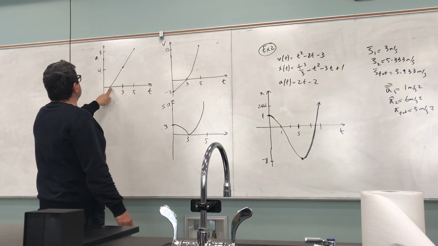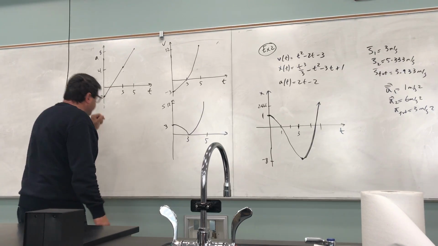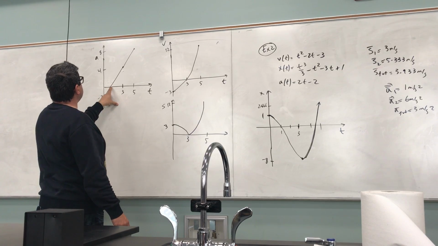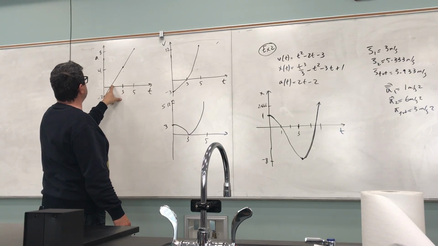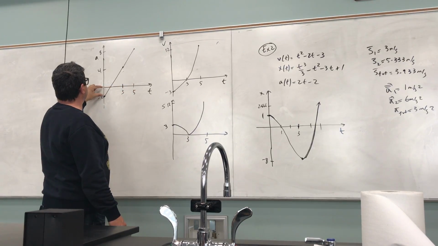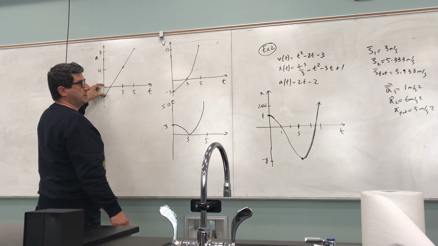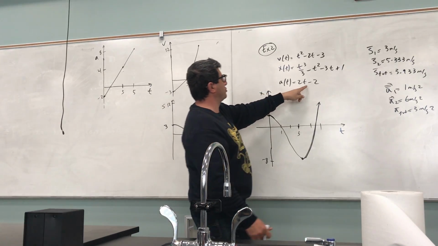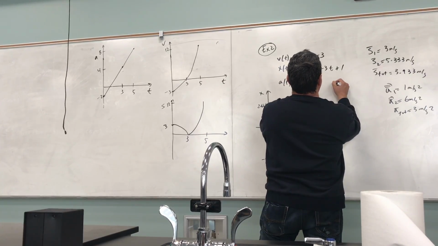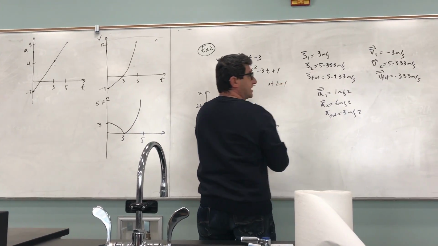So you see here that mostly the acceleration is positive, except for a little portion where the acceleration is negative, then that one's concave down. If you look at the acceleration function, at t equals 1, the acceleration is 0.